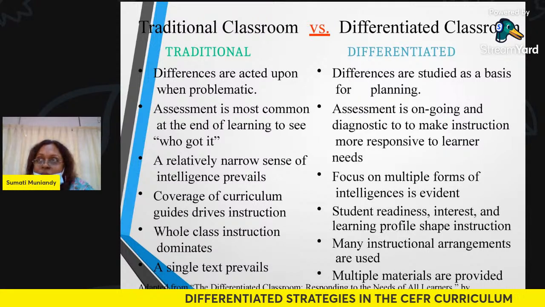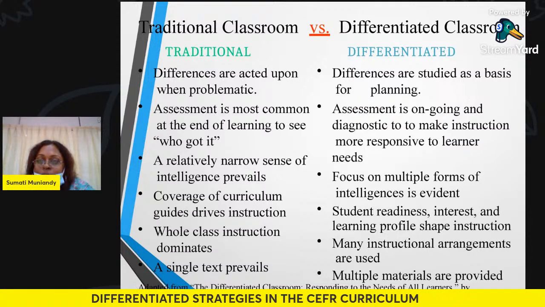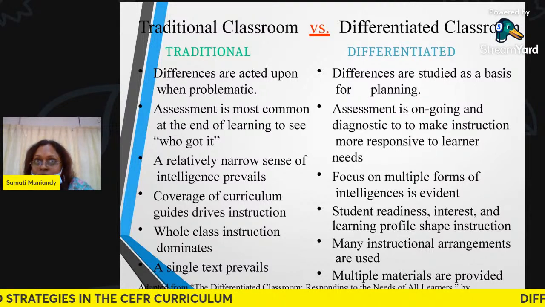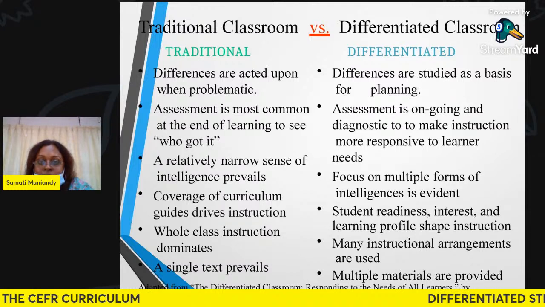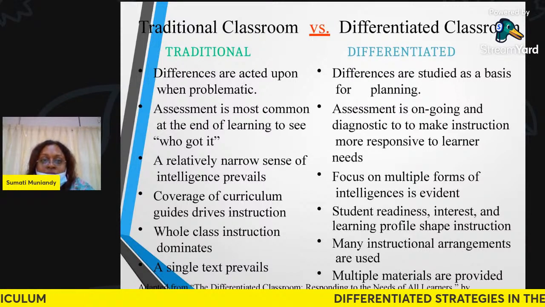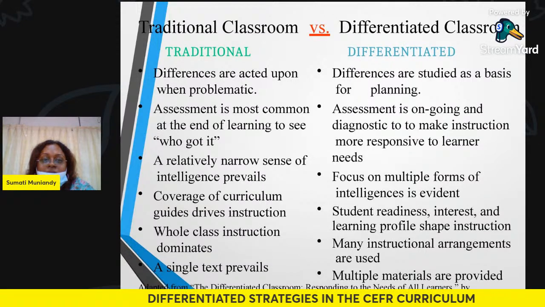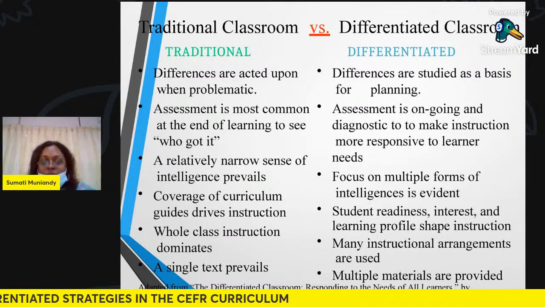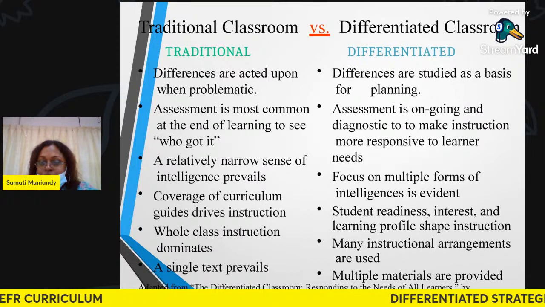All right, if you think that your students, your pupils, your learners need more guidance from you, then you have to change the instructional strategies according to their needs. In the traditional classroom, whole class instruction dominates. Yes, it's more teacher centered, the whole class instruction.